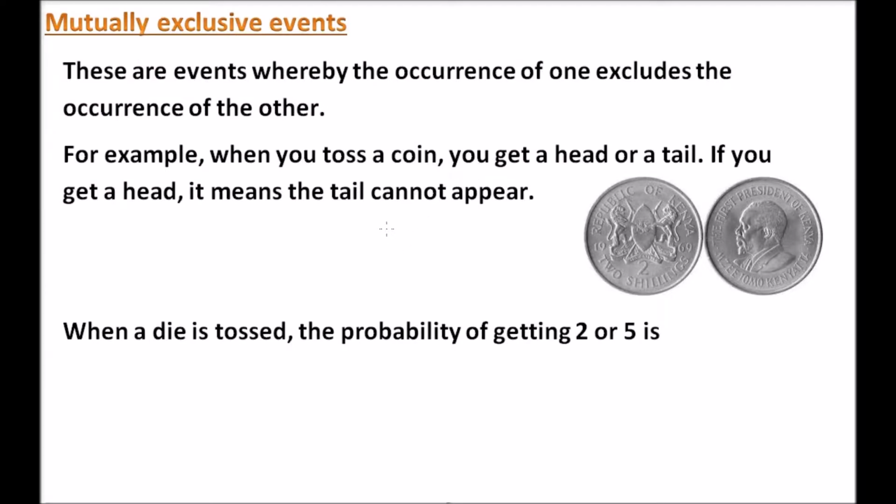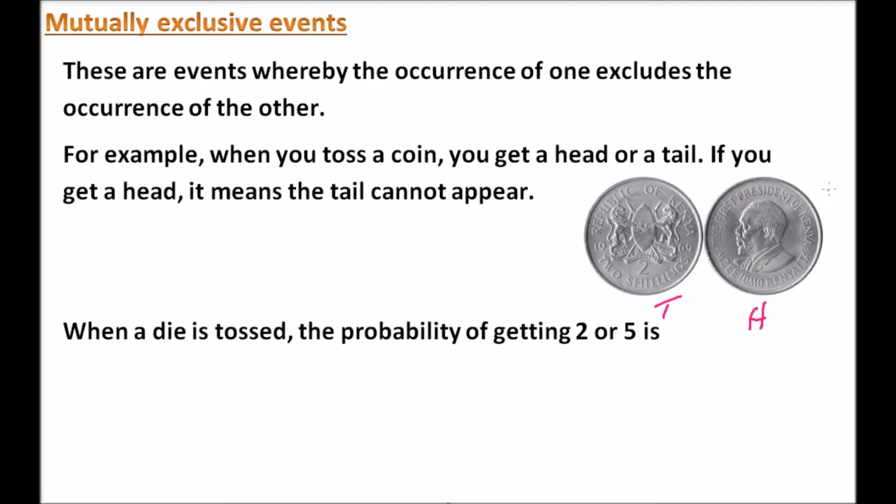Mutually exclusive events are events whereby the occurrence of one excludes the occurrence of the other. What do we mean by that? It means if one event occurs, then the other one will not occur. We have an example here. When you toss a coin, you get a head or a tail. This is a head and this is a tail, and we normally refer to it as a fair coin.